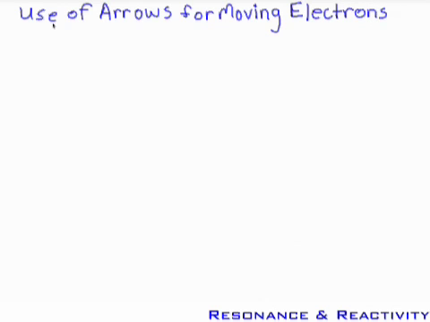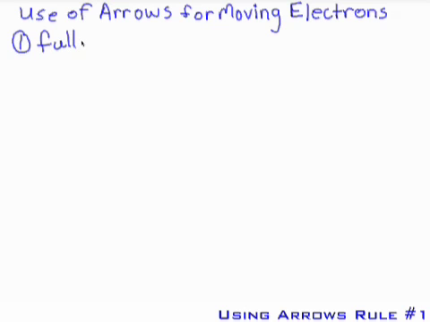I'm doing this off the top of my head just based on what I do, so there may be exceptions to these rules that crop up, but they will be of general use to give you an idea of how you can use them. One, full-headed arrows will be used to move pairs of electrons.